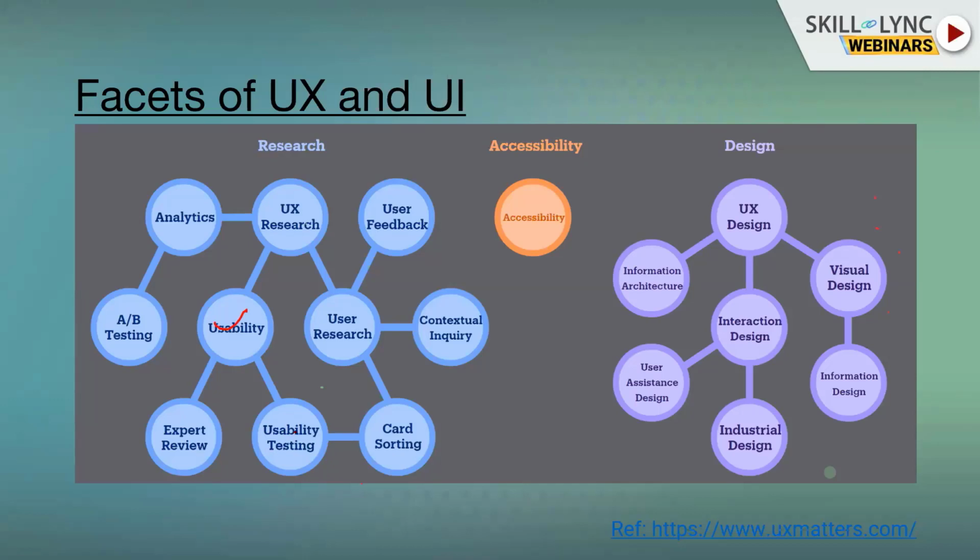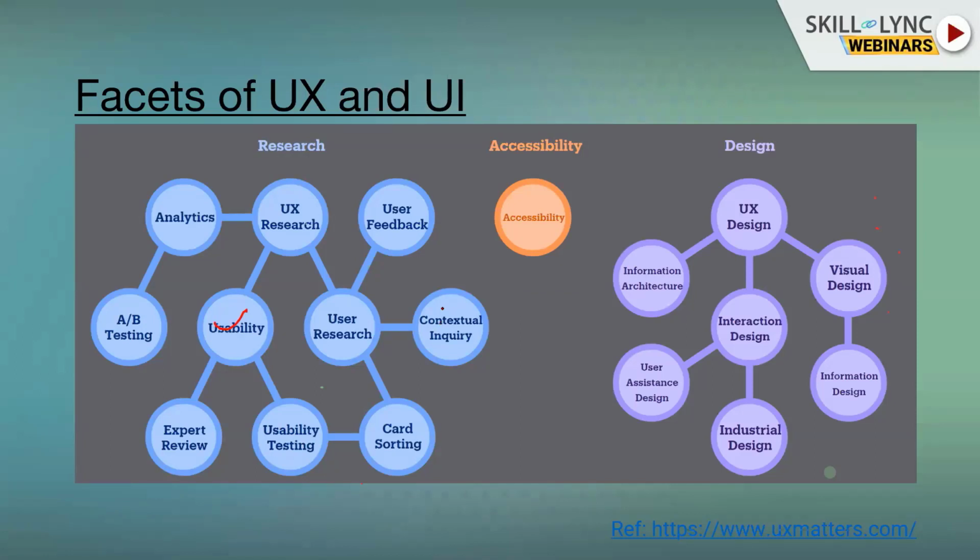You have a testing which is usability testing. So usability testing is nothing but, once you do the prototyping or the wireframing, you are checking with the actual user. I'm going to show you that slide, like what the outcome of that usability testing is.